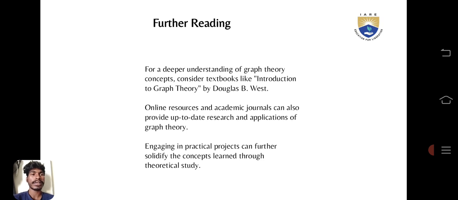Online resources and academic journals can also provide up-to-date research and applications of graph theory. Engaging in practical projects can further solidify the concepts learned through theoretical study.